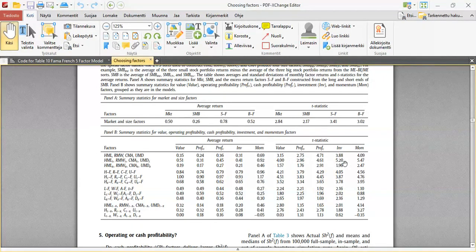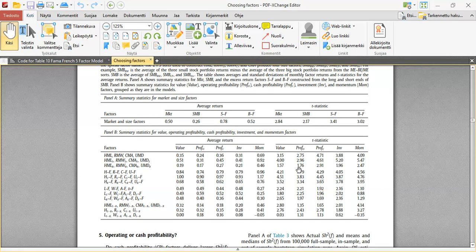And most of them have also higher T statistics, apart from the profitability factor using operating profitability. If we use big stocks, what we see here in the third row, obviously the payoff of all of these risk factors is relatively small.